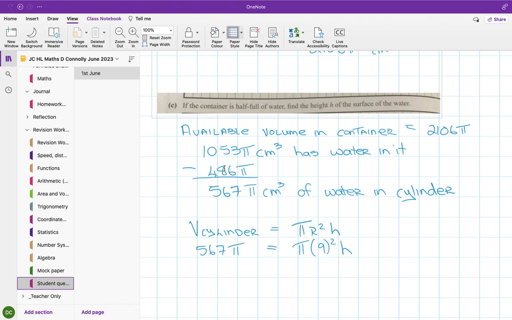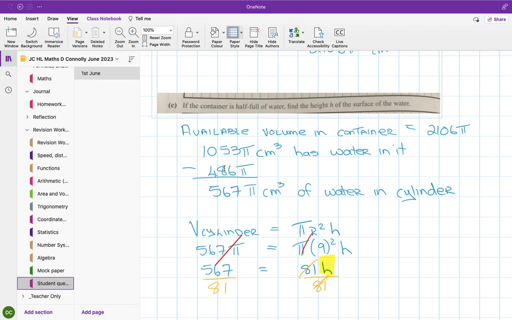I know that we know the height of the cylinder, but we don't know the height of the water in the cylinder, and that's what this is about. So h we don't know. We have a pi on both sides, so they can cancel. So we have 567 equals 81h. And then we want to isolate the h, so we divide by 81.